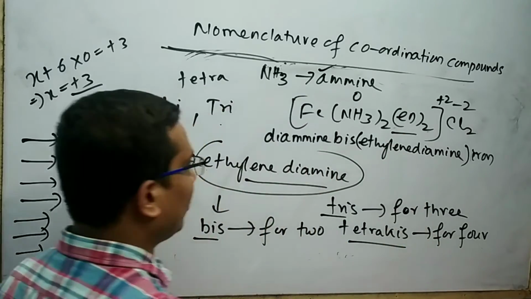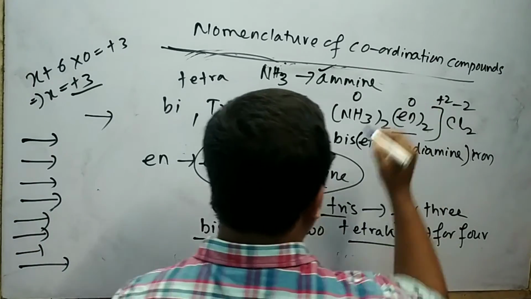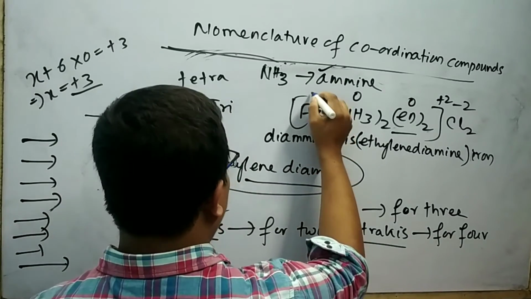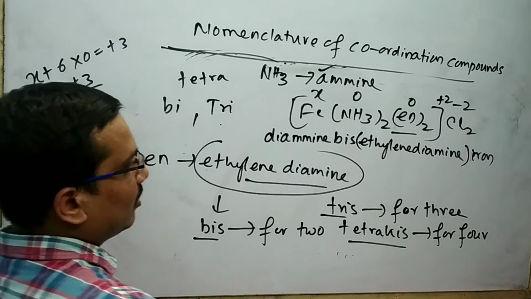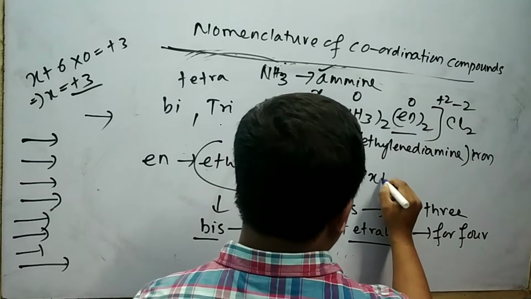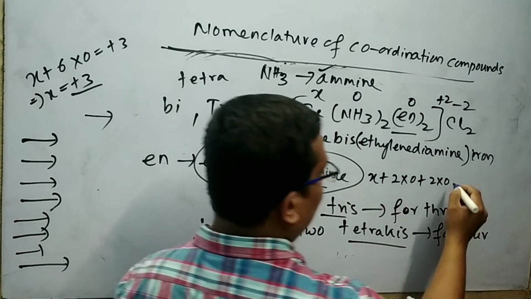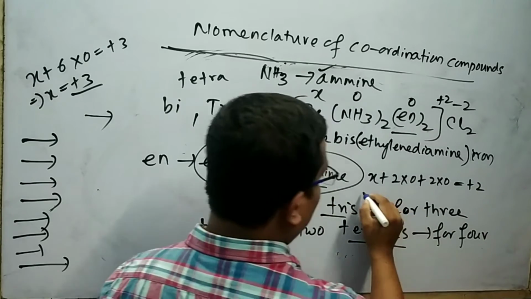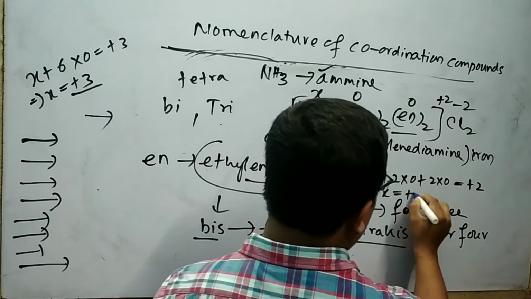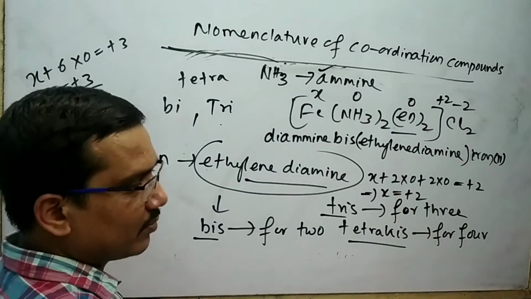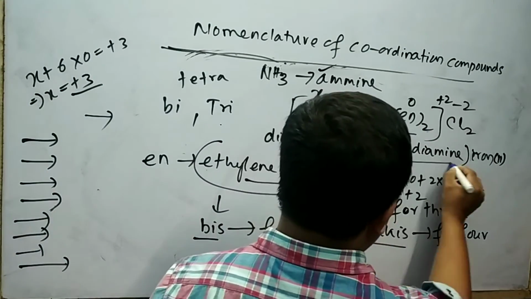En is also a molecule, so I can write 0 here. Suppose the oxidation state of iron is X. Now I can write X plus 2 times 0 plus 2 times 0 equal to +2, which implies X is equal to +2. So here I can write II. This is the coordination entity part.